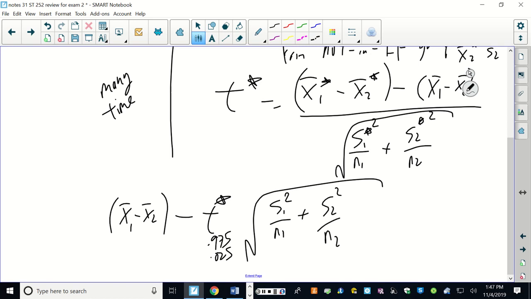If you subtract the upper t value, it gives you a value that's less than the average. And if you subtract the lower one, which is a negative value, you're going to get a positive interval. So it's a different interval.